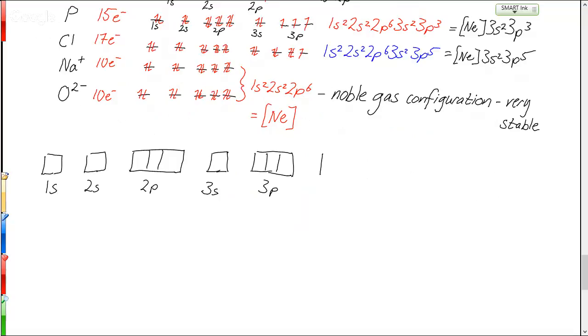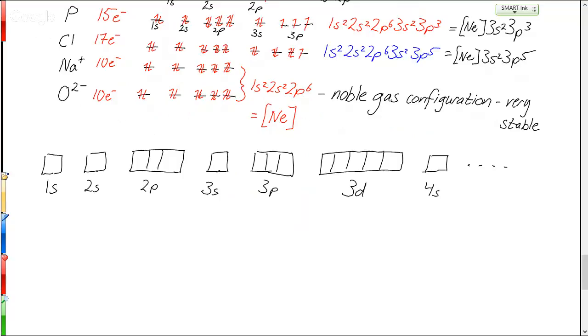So that means ML is -2, -1, 0, 1, or 2. So there's our 3d. And then we'll just keep going here with the 4s for a minute. And we can keep going from there.